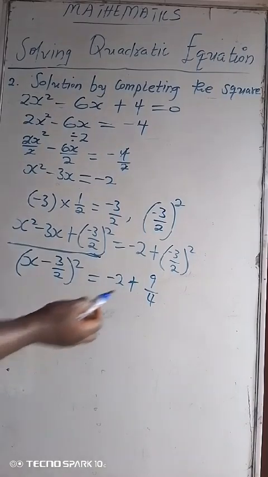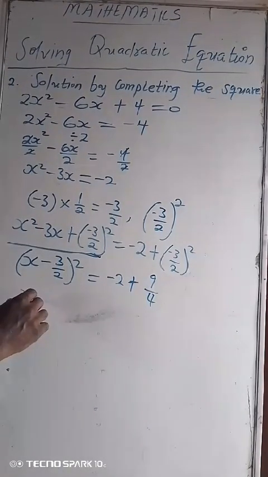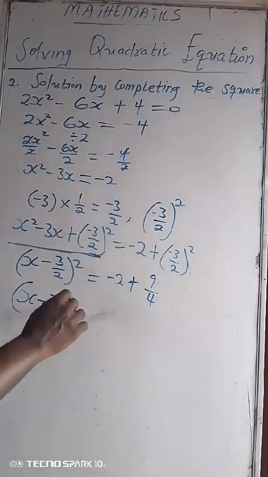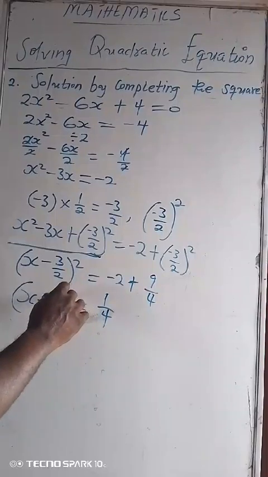Now let's try to add this one. When we add negative 2 plus 9 divided by 4, that one is going to give us 1 out of 4. So we have x minus 3 out of 2 all squared equal to 1 out of 4.